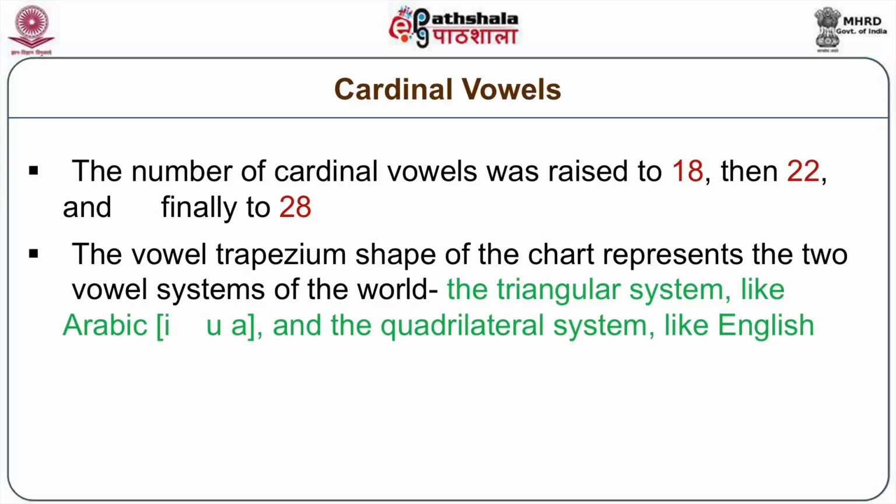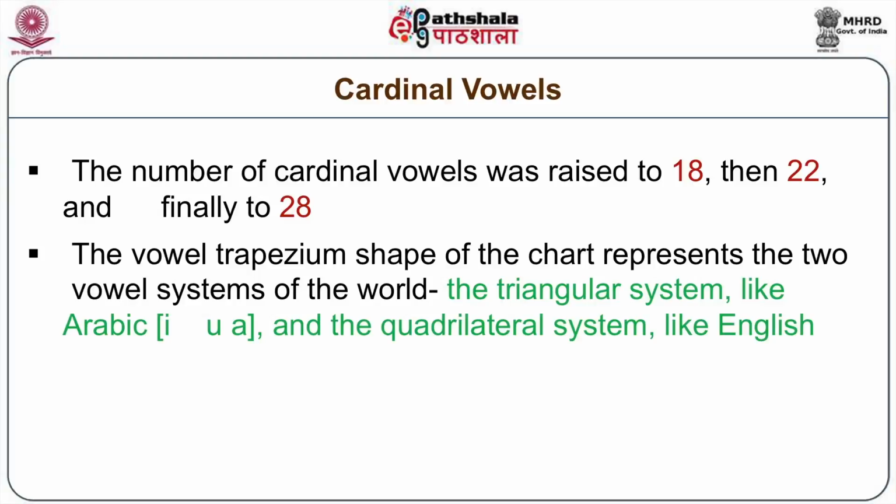However, in actual practice, it was found difficult to do because different phoneticians presented them in different shapes and sizes, and so an attempt was made to present them in a geometrical fashion so that there will be less variation in presenting them.